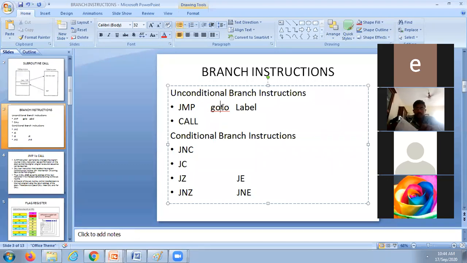The jump location is a fixed label where you have addressed. What about the call? You are calling some program which is generally in main memory. All the programs are in main memory. So you are calling a program or subroutine by using the call statement.